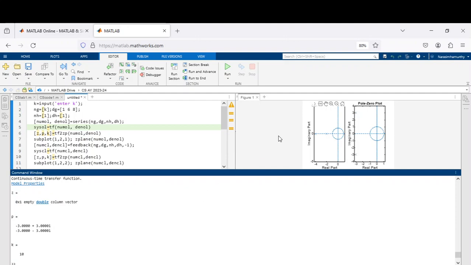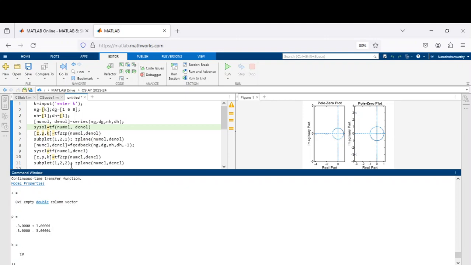You can see this was the open loop pole position at minus 2 and minus 4. Now it has moved to minus 3 plus j3, and this is minus 3 minus j3. So the poles have become complex, and of course there is no zero, the value of k is 10.